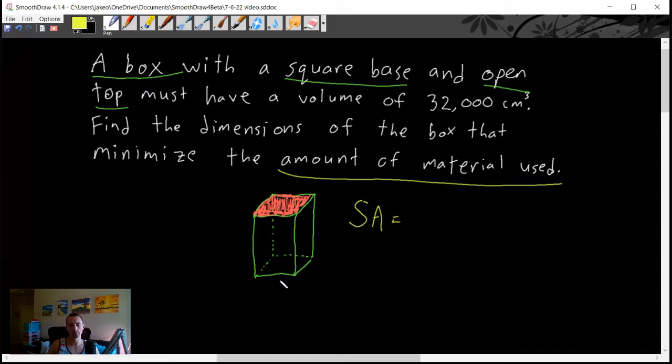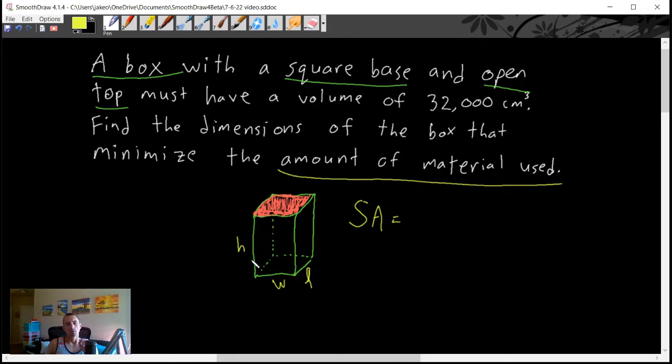And we need to come up with an equation for this. What we have to figure out at this point is what are the other measurements that we have to use to find the surface area? Well, it is a box. We're probably going to want to use the length, width, and height of the box to find its surface area.